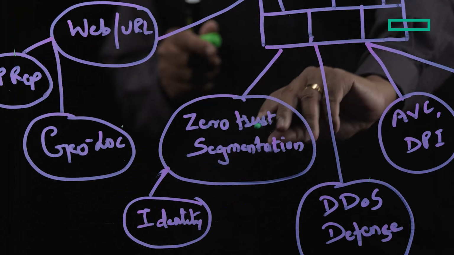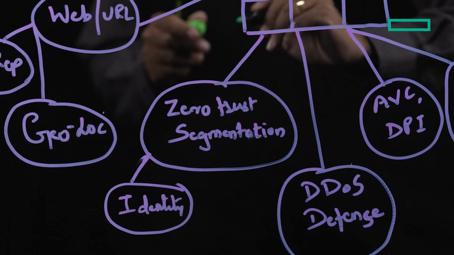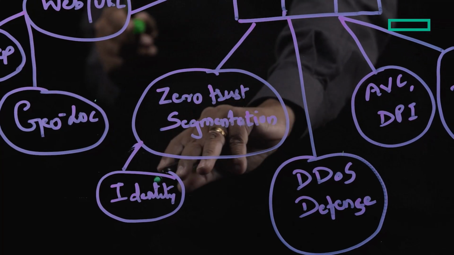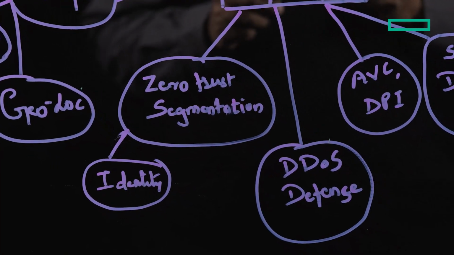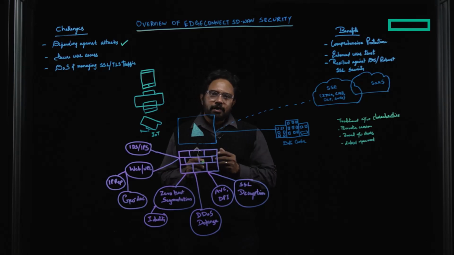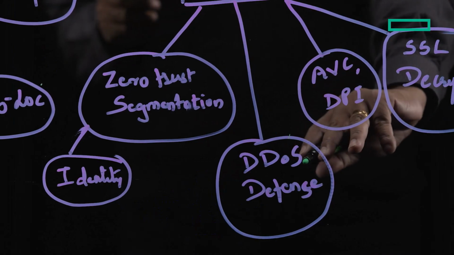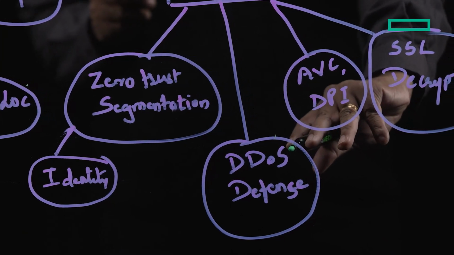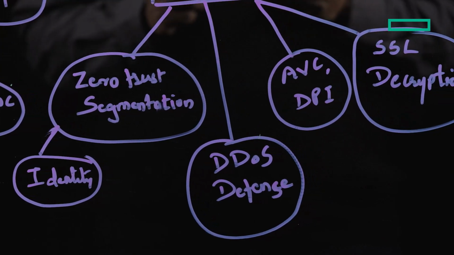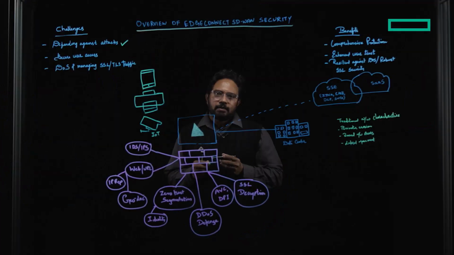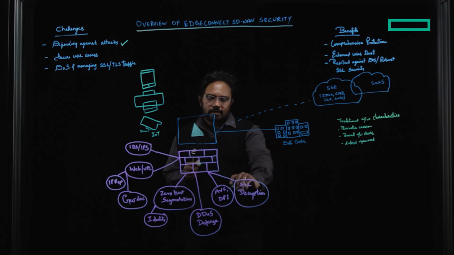The EdgeConnect SD-WAN also does zero trust segmentation. Using the identity information that it gathers, it helps you build true microsegmentation and identity-based policies. The DDoS engine built into the EdgeConnect SD-WAN helps you protect against manifestation of any DoS or DoS-like network attacks.